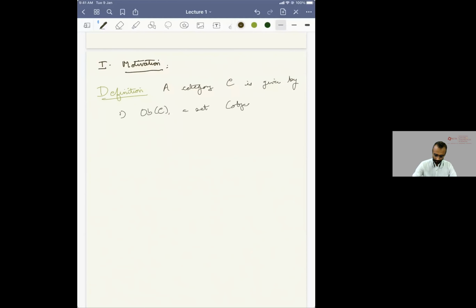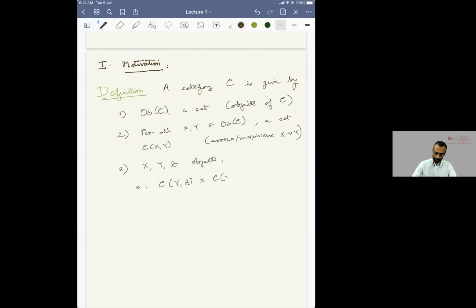This is called the objects of C. Second, for all x, y objects in C, you have some set C(x,y) which is called the arrows from X to Y, or morphisms from X to Y. I'm writing it suggestively as an arrow pointing from X to Y. And third, if X, Y, Z are three objects, then you have a composition map from C(Y,Z) times C(X,Y) to C(X,Z), which we write as (g, f) maps to g composed with f, which satisfies associativity.